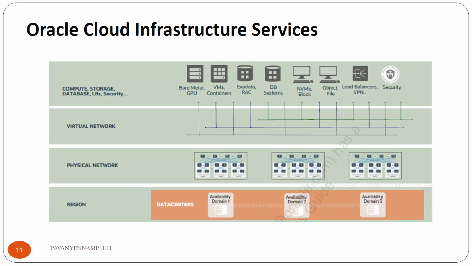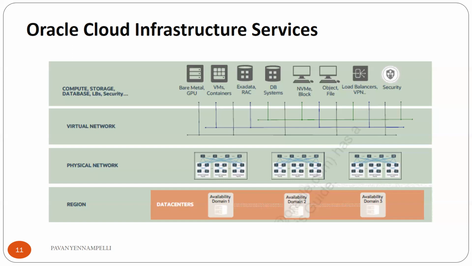Let's see what a region is. A region is a geographic location where your data centers are set up, and in each region we have some availability domains. What do we mean by availability domain? It's a sub-region within that region.